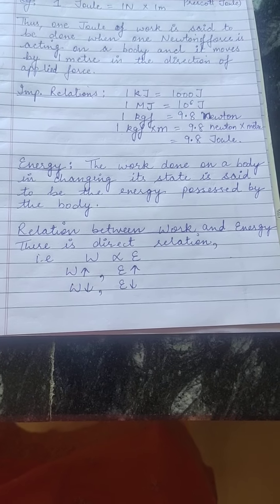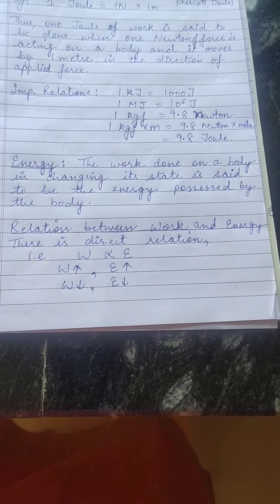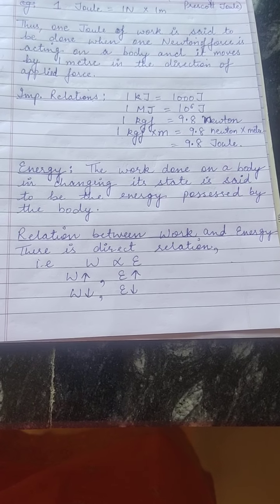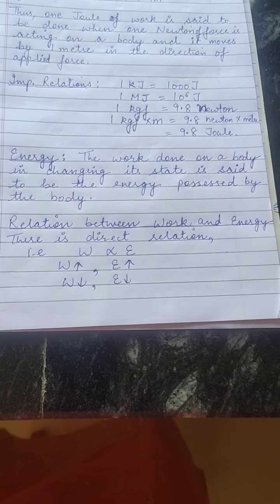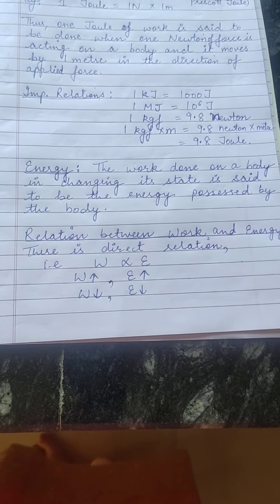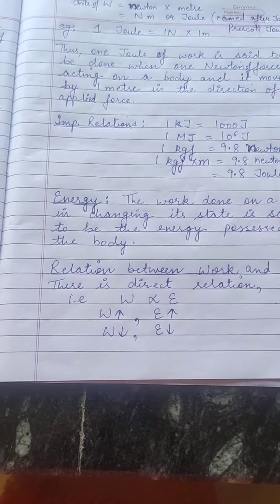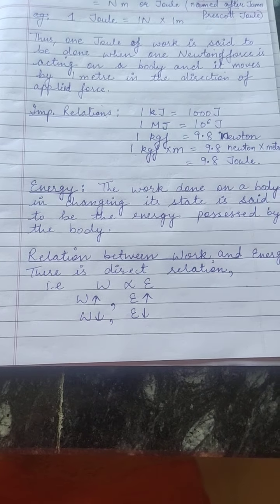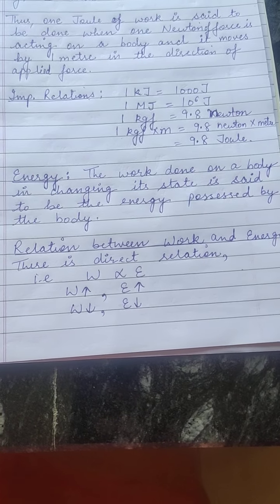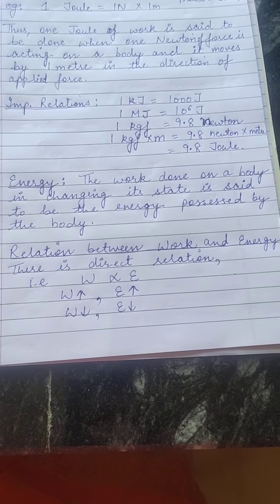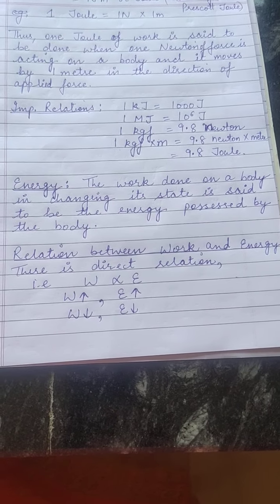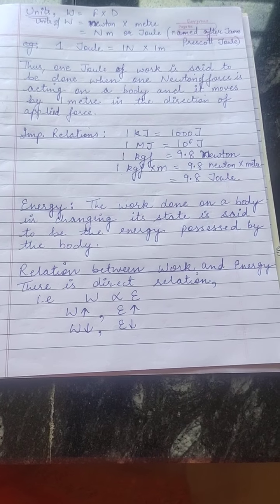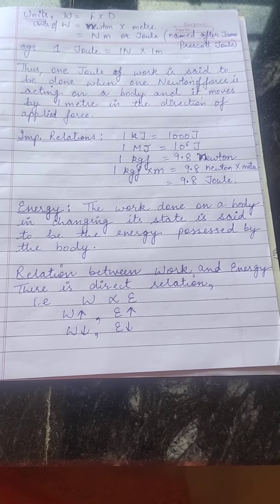Now comes the energy. So whenever we say that work is done on a body, its energy increases, and in other words, the work done on a body is stored in the form of energy. And if any work is done by the body, then its energy will definitely decrease and the energy is spent while doing the work.